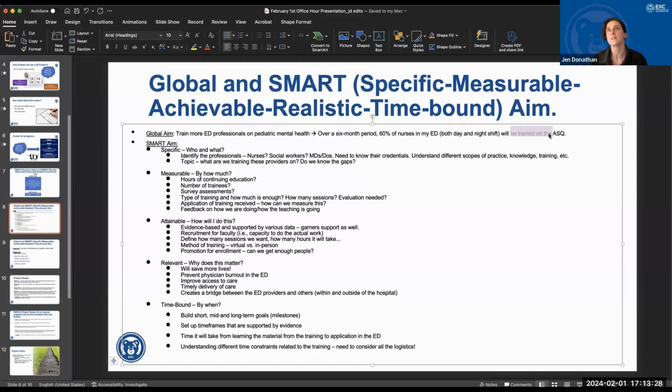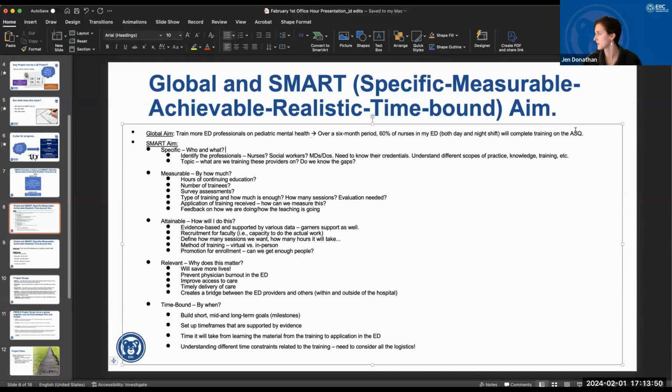Or do you want 60% of them to complete the training? Oh, that's a good identifier, right? Complete is probably more defined. Yes, can we say what the purpose is?